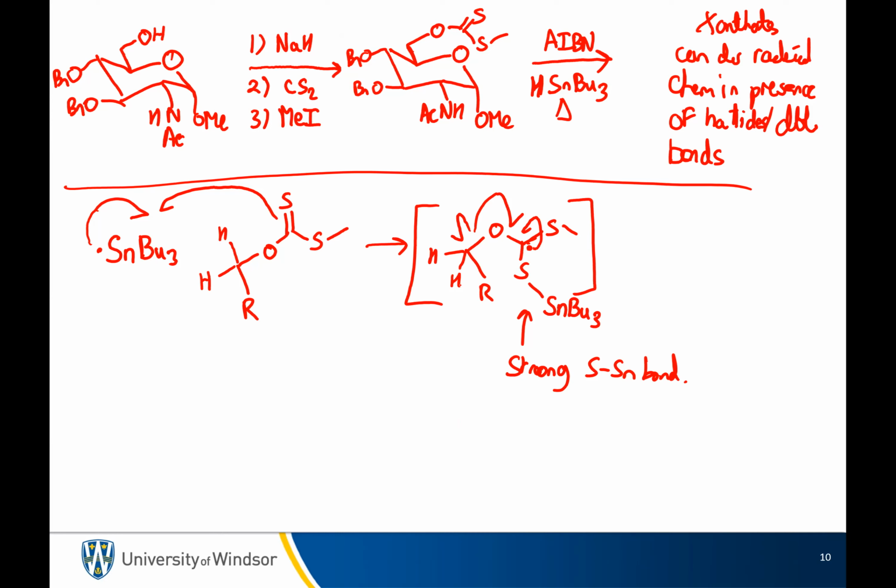We generate a thiocarbonate, and it's so favorable to form that we can form this very unstable radical. It's a primary radical, on the C6 of the sugar. I'm just not drawing the entire sugar.